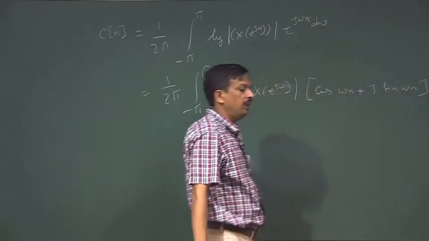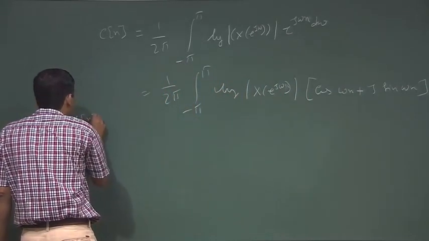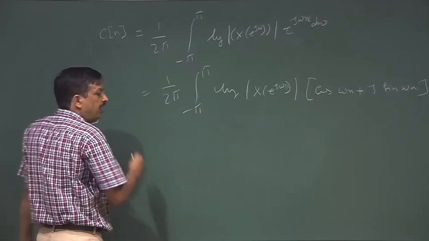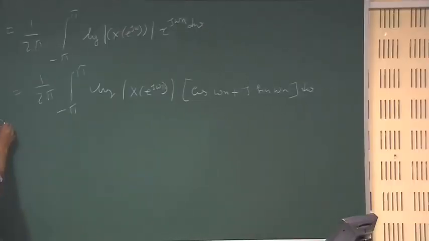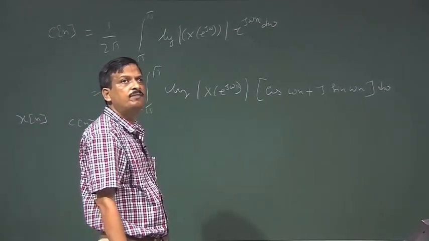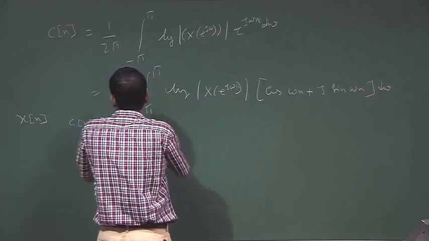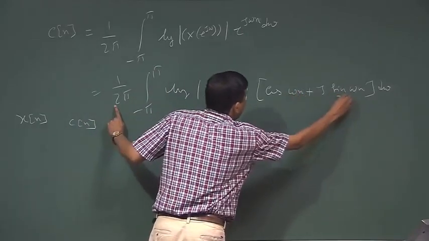Now, if xn is real, if the input signal is real, then we said the real spectrum Cn is nothing but an even function. So, if it is an even function, then only the cos term exists, the sin term cannot exist.